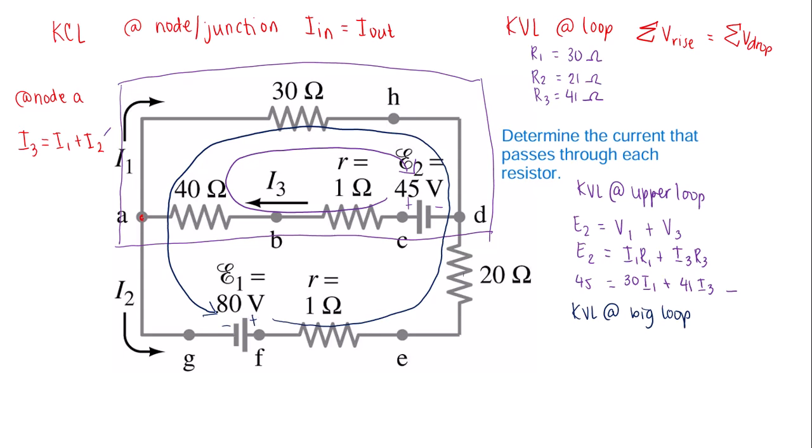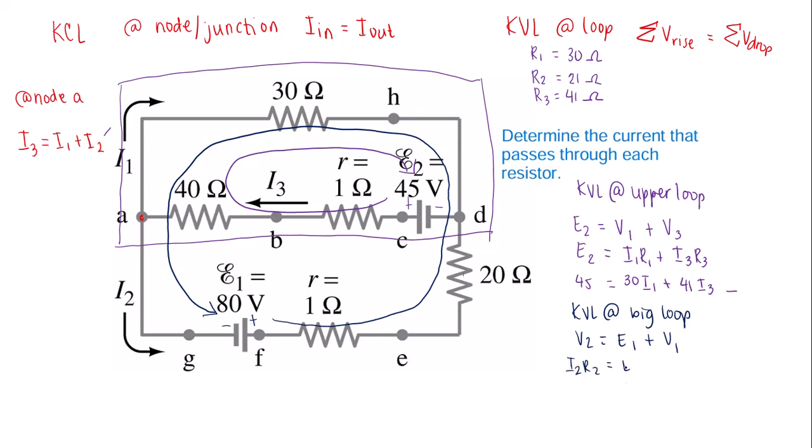Because we are trying to go with the flow of the current, but here the flow of current is that way, and it counters with this current here. So we have I2R2. Let me just write it again. V2 equals battery 1 plus the voltage across R1.